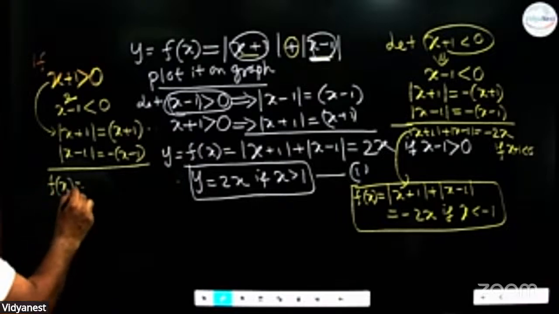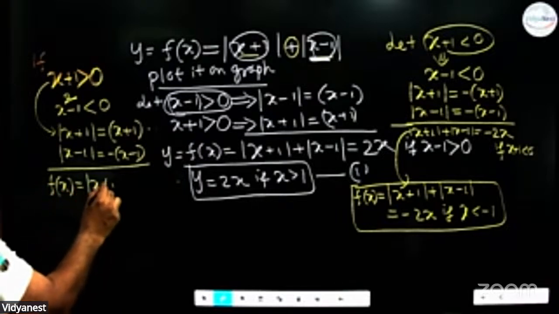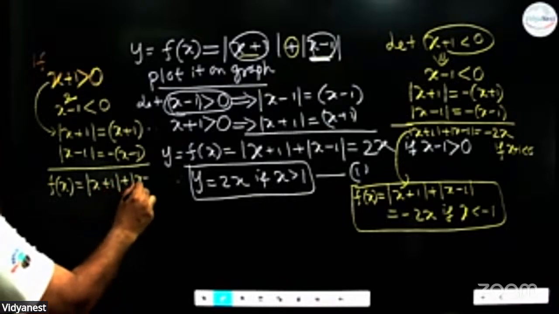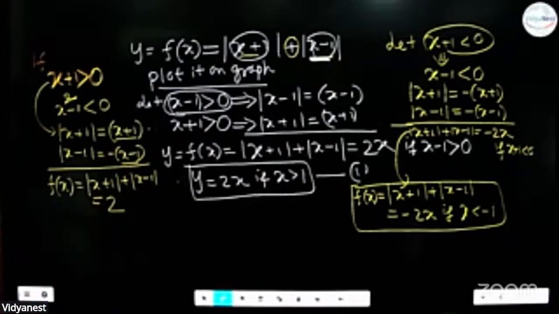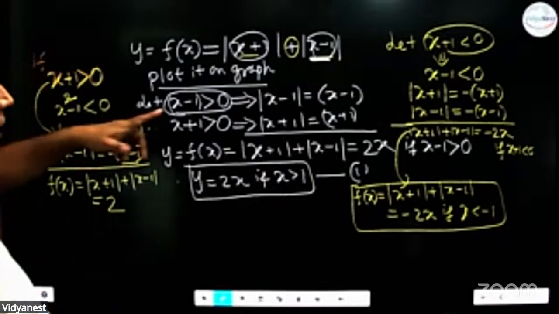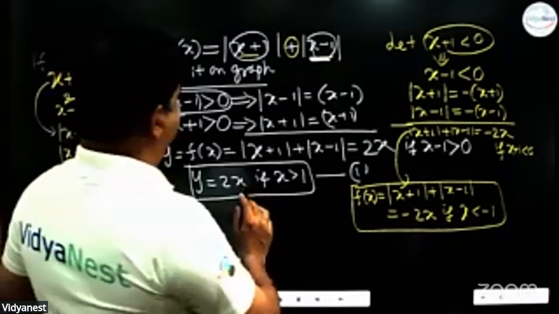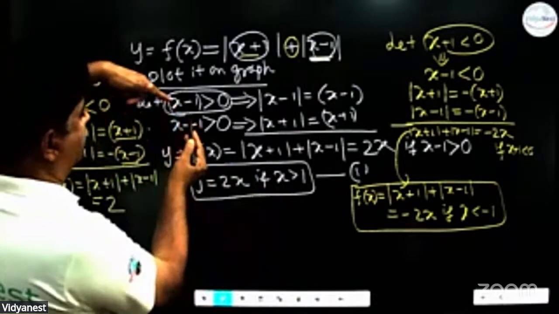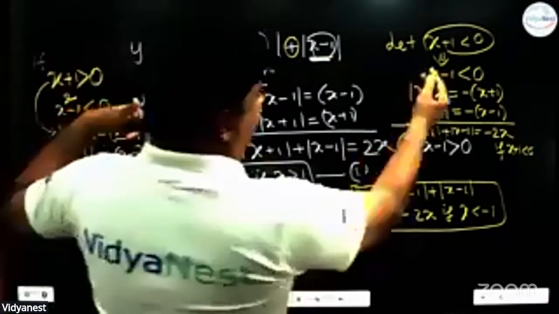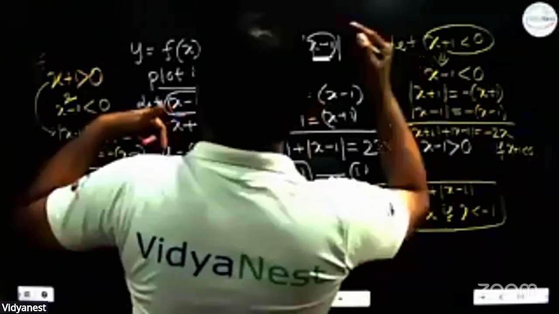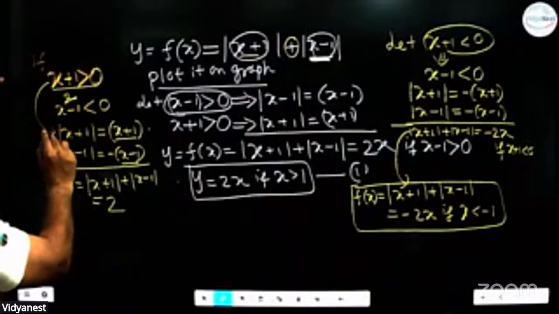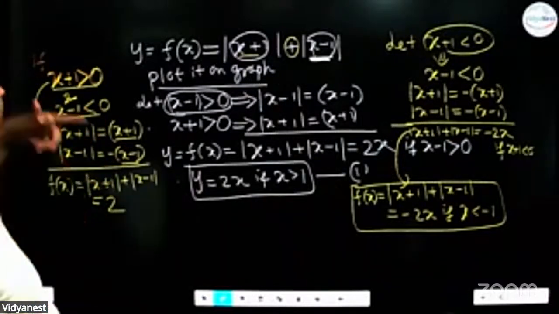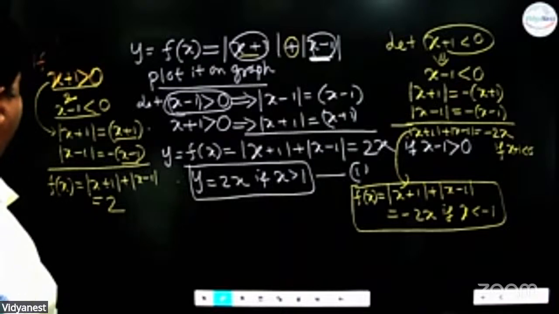Okay, so if I add, f(x) will be what? 2. See, here, depending on the first condition, we got the second one. Here also, depending on the first condition, we got the second one. But here, both the conditions will play at a time.